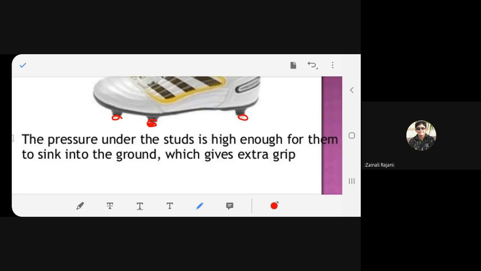When it goes inside the ground, it gets a grip and it gets a force. It can leap. The person who is wearing this can have a jump, can have a high force, can have a good distance to cover because he will get that extra leap. You understand?